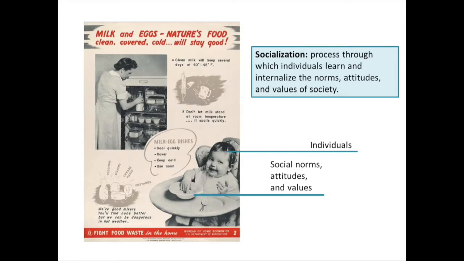One of the ways that systems influence us is called socialization, in which we are that tiny baby and we internalize social norms, attitudes, and values. Pretty much from the moment that we're born, we internalize all of these cultural mores and ideas about what is acceptable, what is normal, who belongs in the in-group, who belongs in the out-group. That teaches us how to be members of a society.